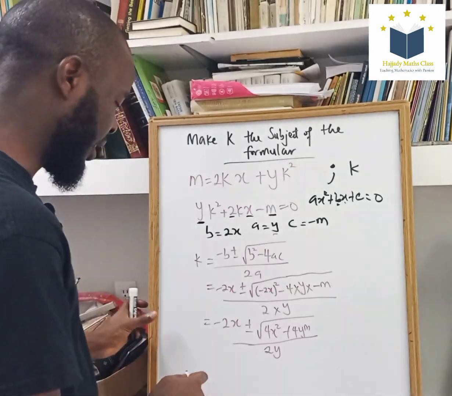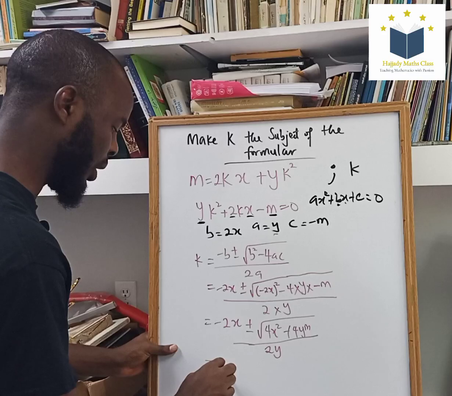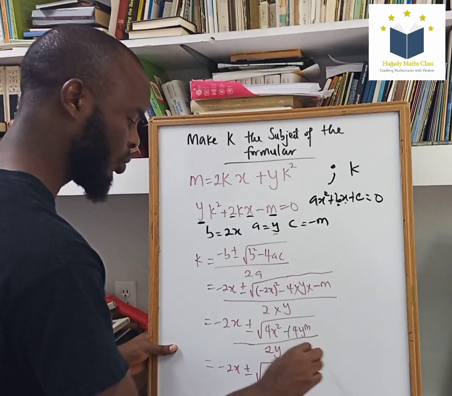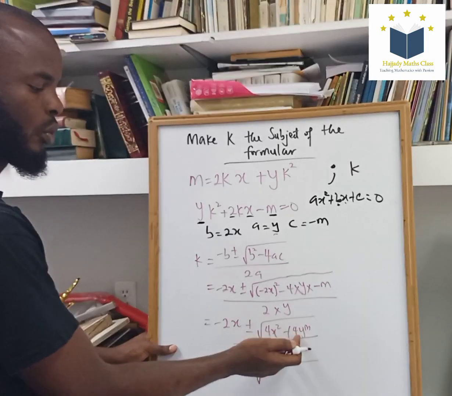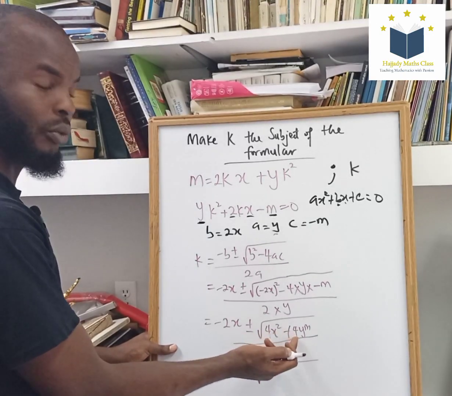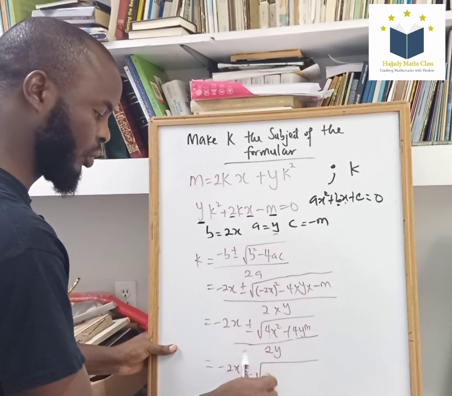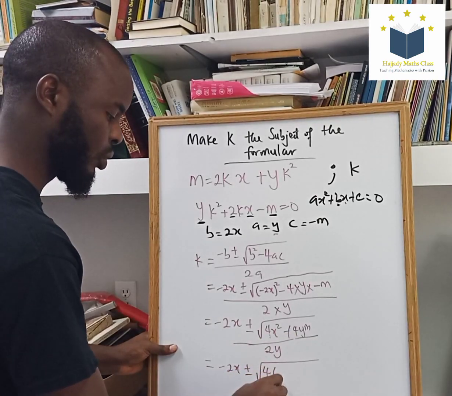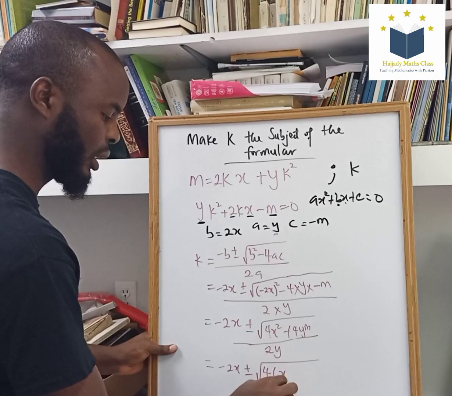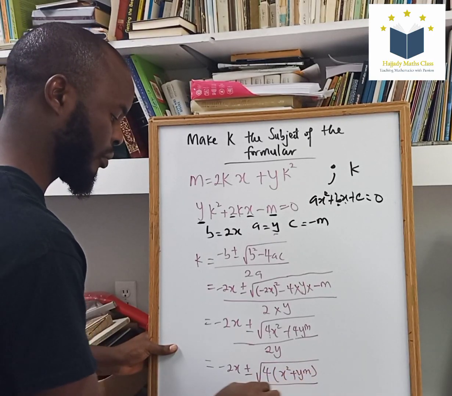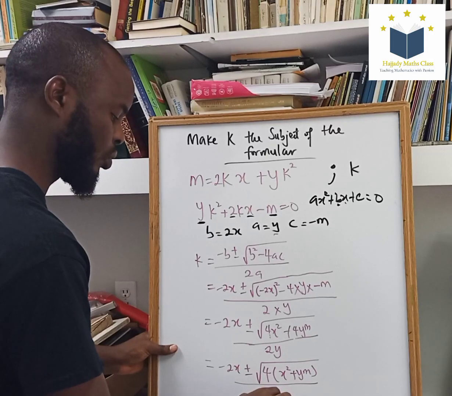Looking at this, for x squared and 4ym, we can factor out 4. So we're going to have x squared plus ym over 2y.